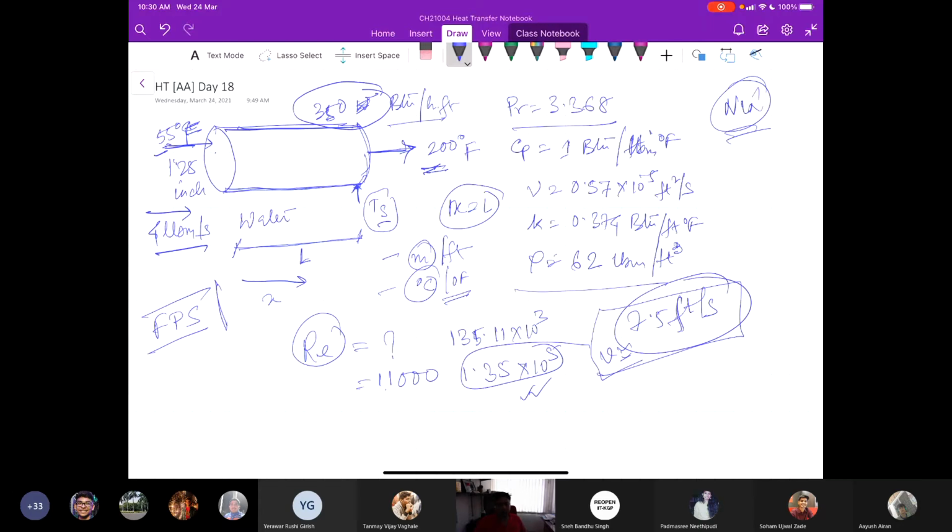And then you definitely get this Reynolds number, which is in the order of 1.1 into 10 to the power 5, which is much greater than the fully developed turbulent flow Reynolds number in internal flow, or completely turbulent value.